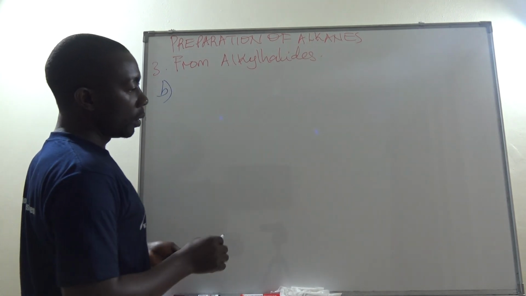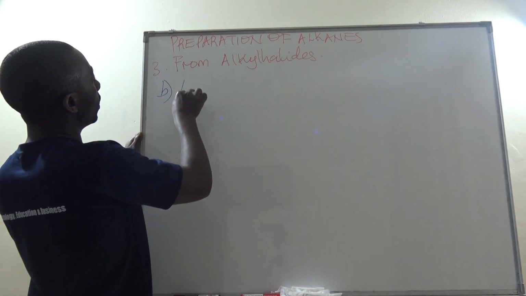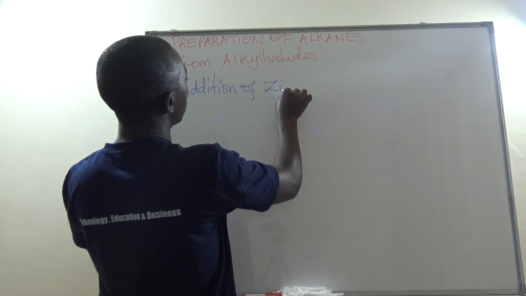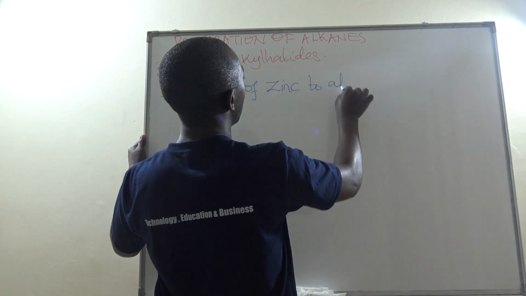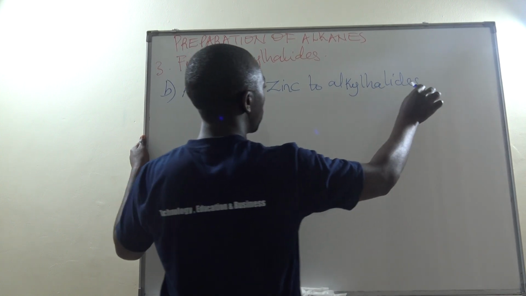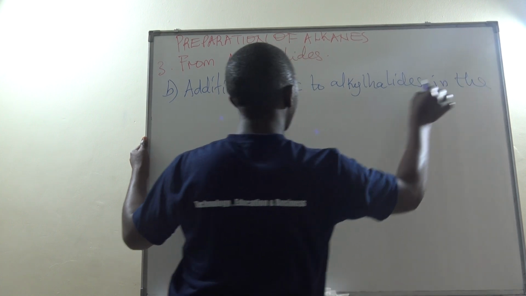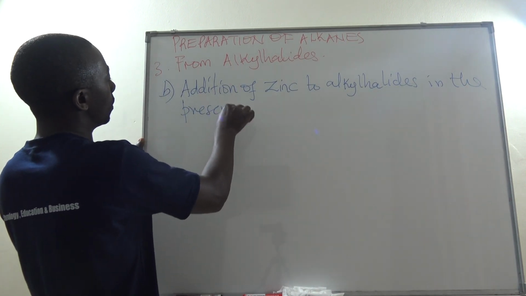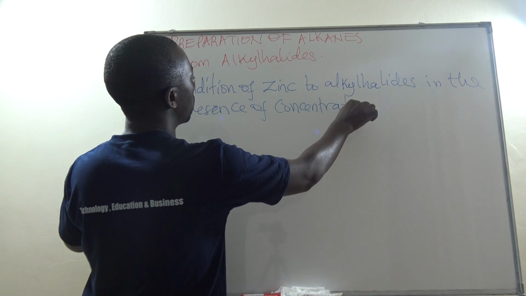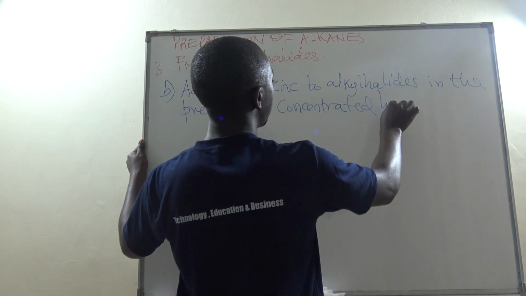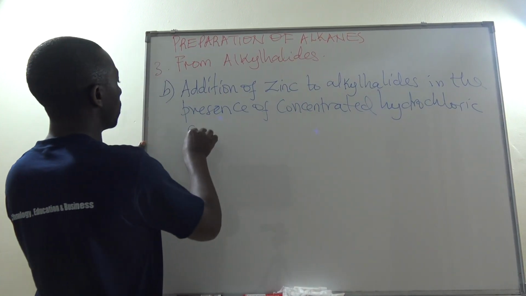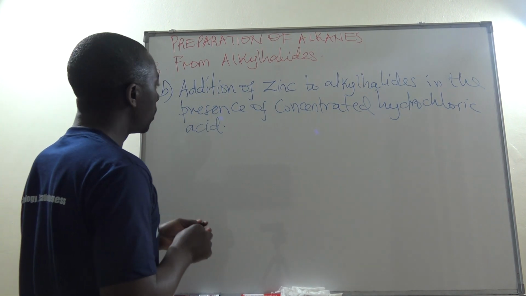So part B, we can also obtain alkanes by addition of zinc to alkyl halides in the presence of concentrated hydrochloric acid.